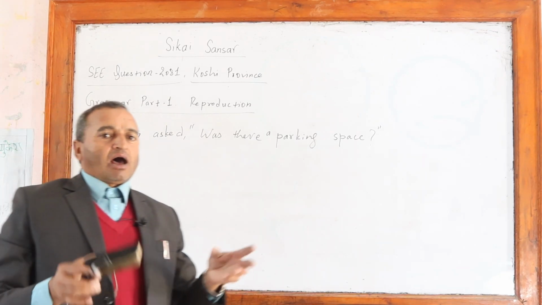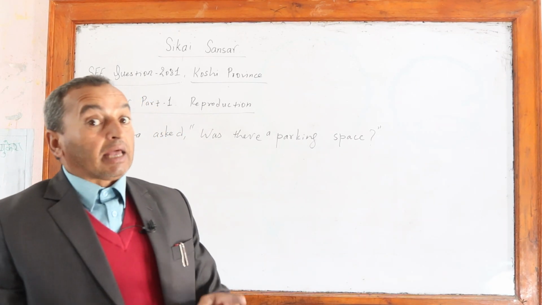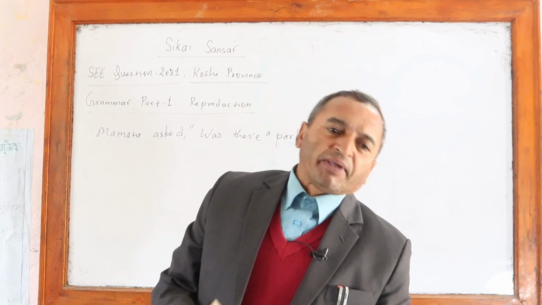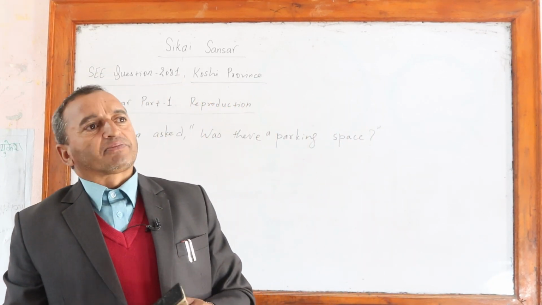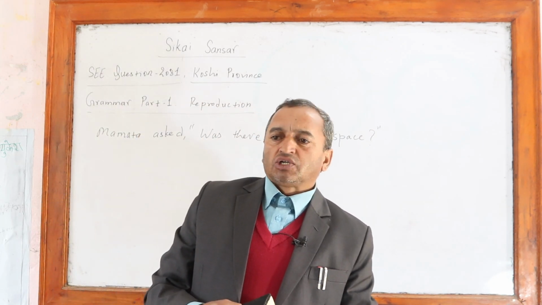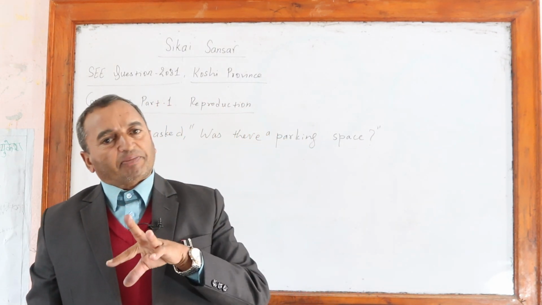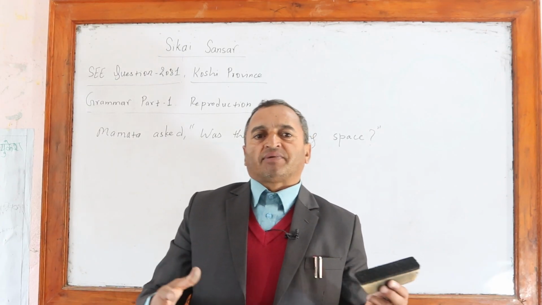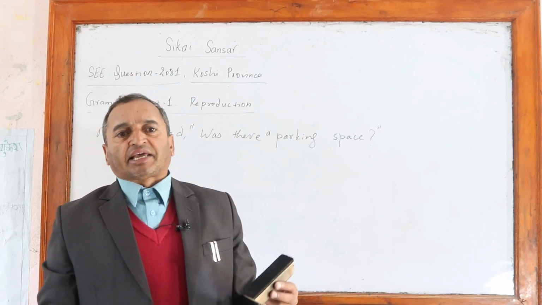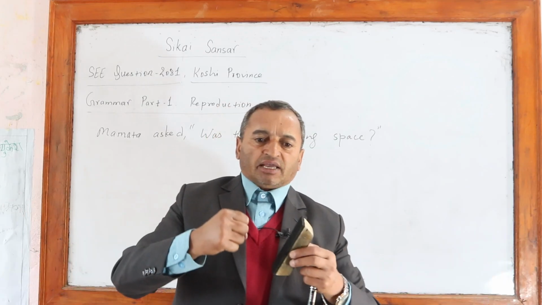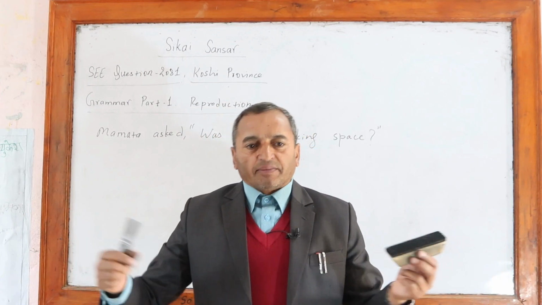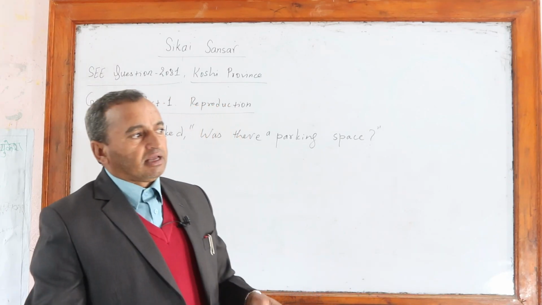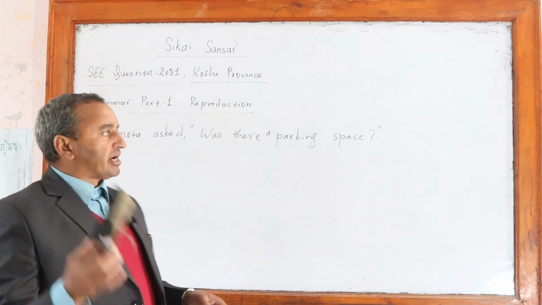This is the last question of the reproduction part, and it is related to narration, to speech. First of all, we have to know there are two types of speech, direct speech and indirect speech. If whatever a person or speaker says is kept in the same form, whatever he or she produces is written as it is, that is called direct speech.